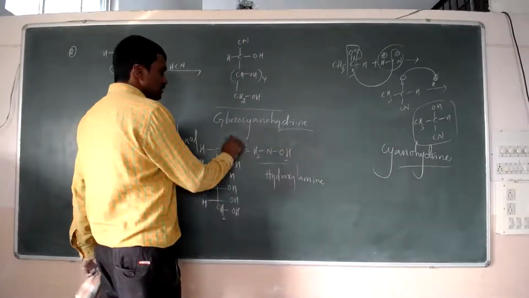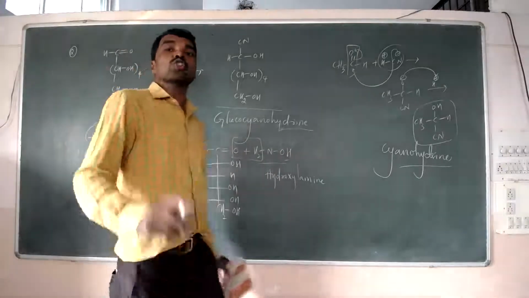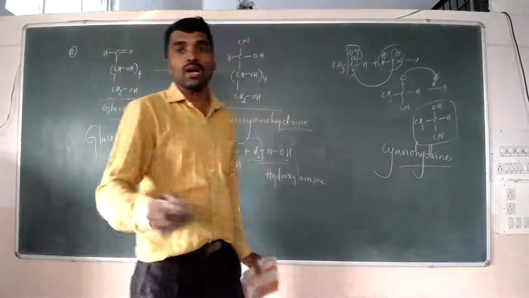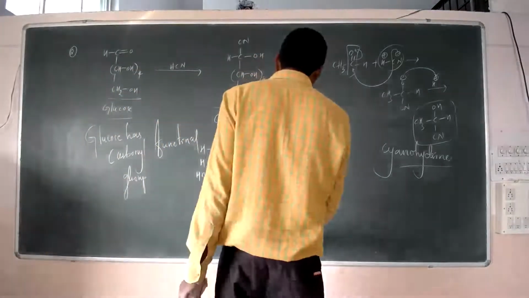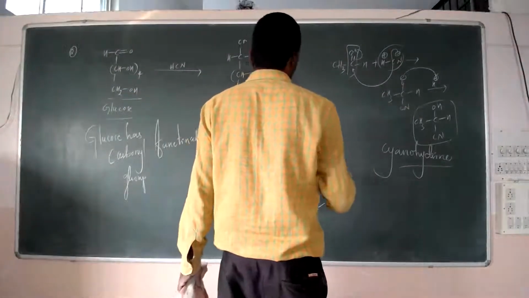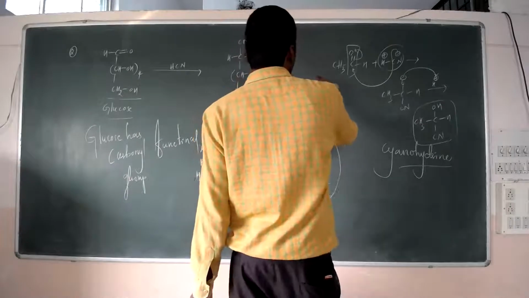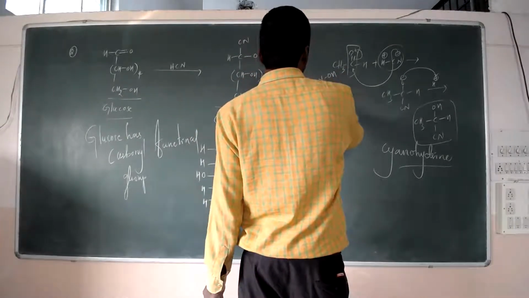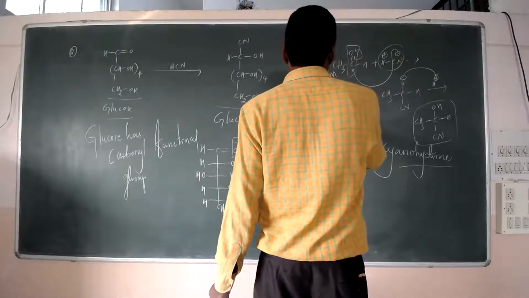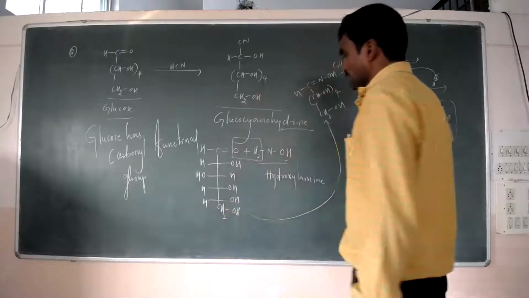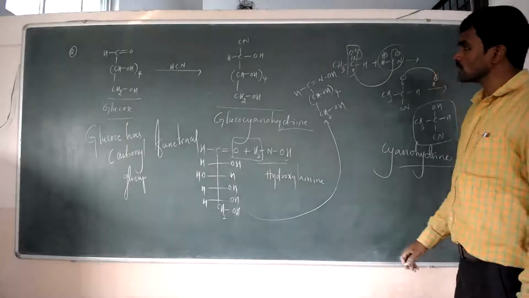This hydroxylamine reacts with glucose, and glucoxime will be formed. The product is C double bond N, OH, with H and CH2OH. What is the product name?